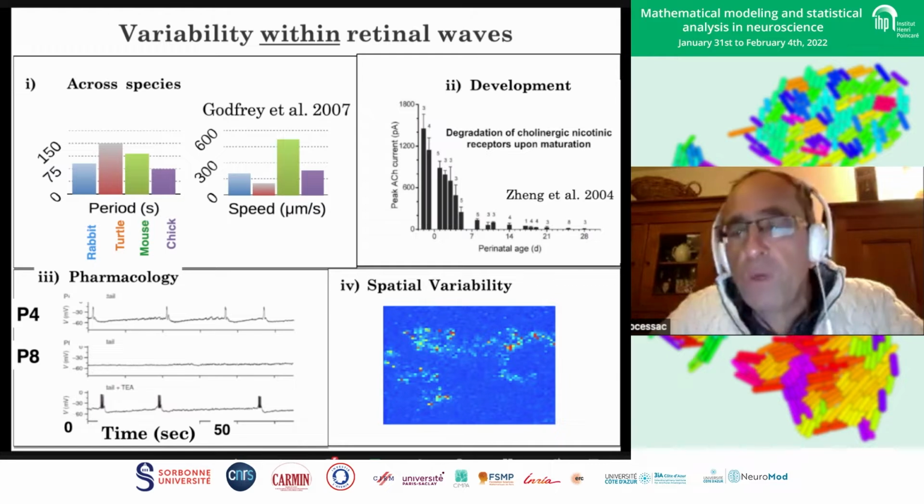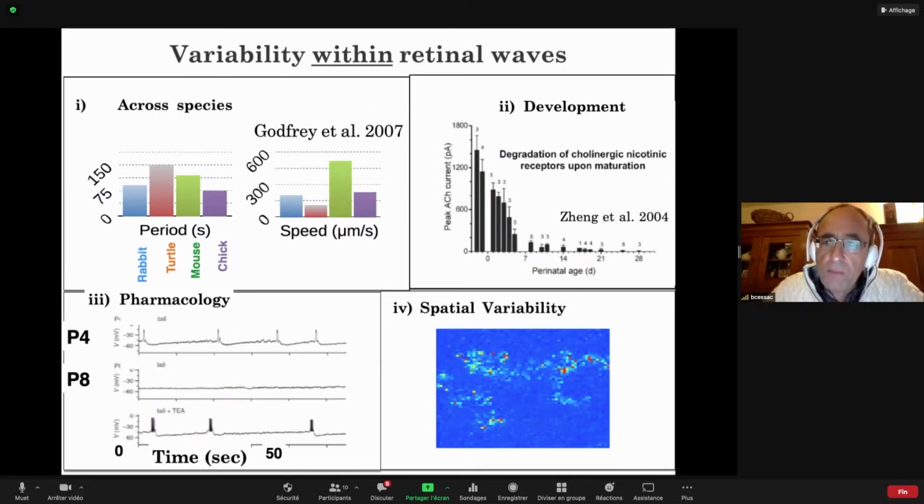Even if the window where these waves appear is short, a few days, you can see evolution, for example here of the acetylcholine synaptic strength, which is measured experimentally. I'm going to come back to that, one of the main points in my talk.